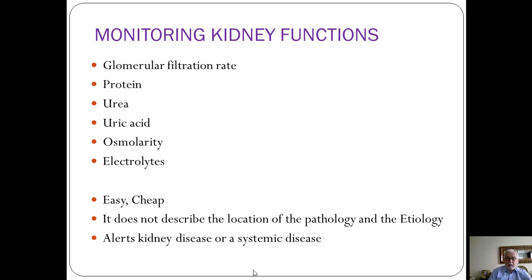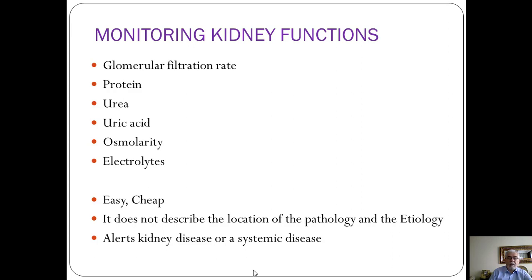How can we monitor kidney function? We have some tools in our hands, and some of them are very important for understanding kidney functions. In this lecture we look at the importance of glomerular filtration rate, protein metabolism, urea, uric acid, osmolarity, and electrolyte concentration. All of them are generally easy to measure.